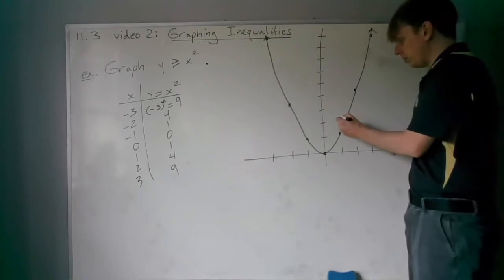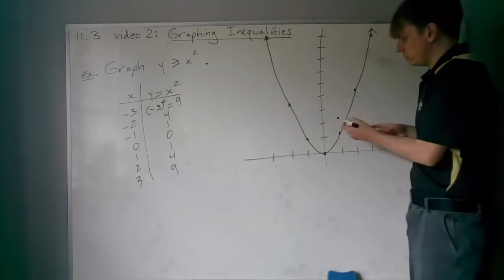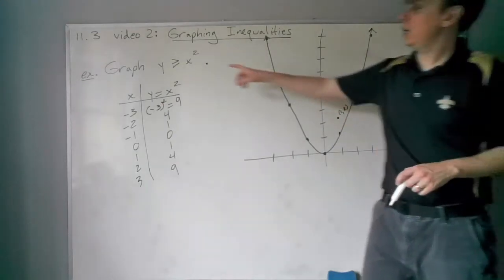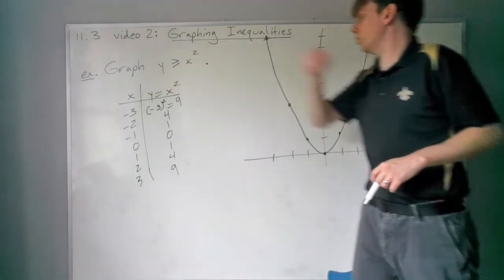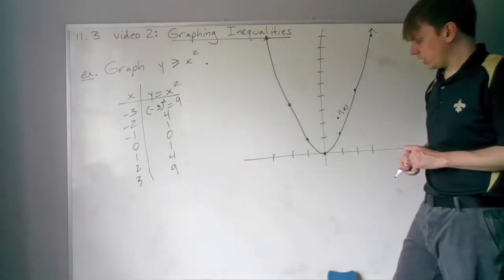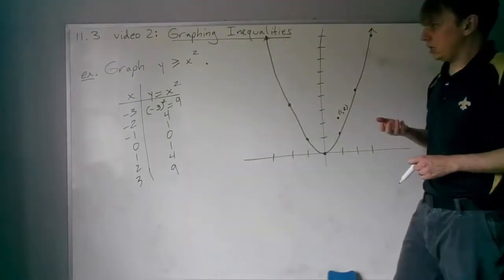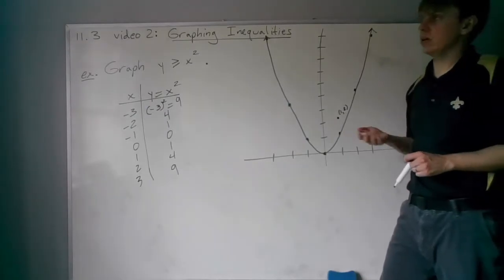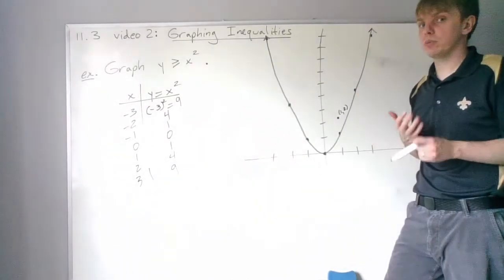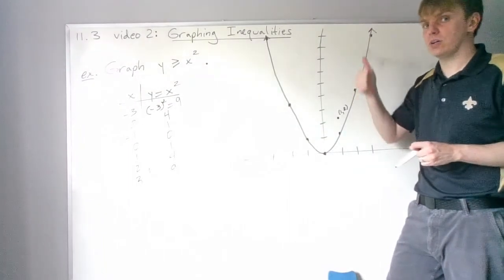If I pick a number above that, for instance this point where x is 1 and y is 2, then x squared would be 1 and y would be 2. So y is indeed bigger than x squared. And so keeping in mind that we want y to be bigger and y represents a vertical distance, if we want our vertical distance to be bigger, that means we're above the graph.